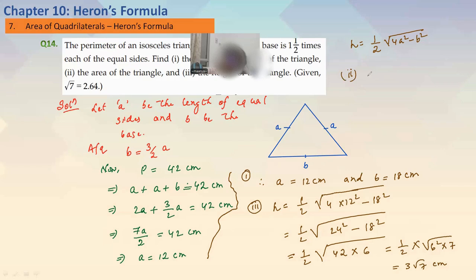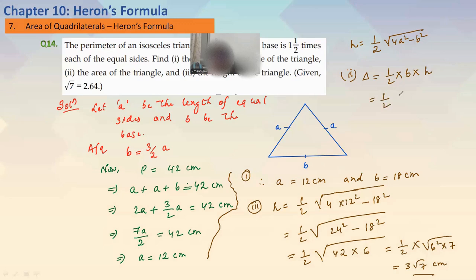So, don't we have to simplify it into 3 into 2.64? We would. If you want to, you can do it here, or you can do it in area. So what is area? Half into base into height. Height is found out.